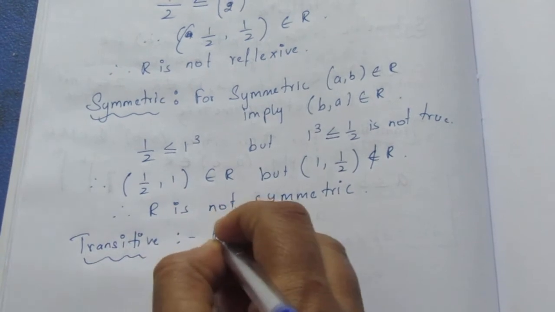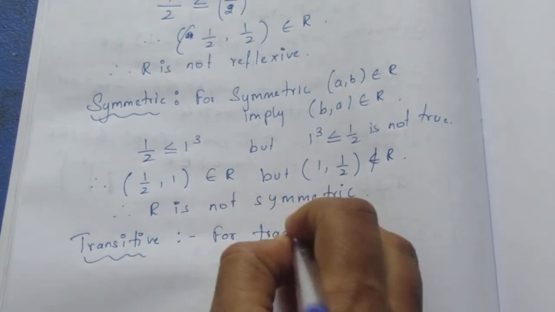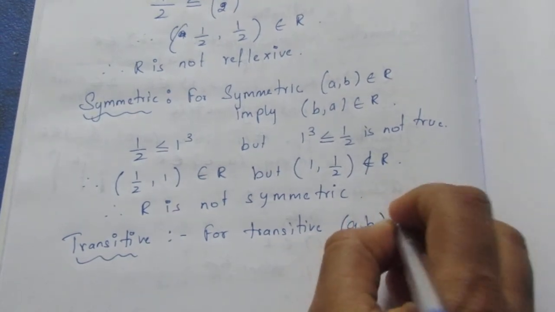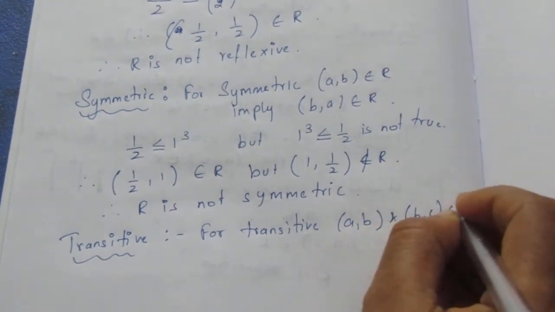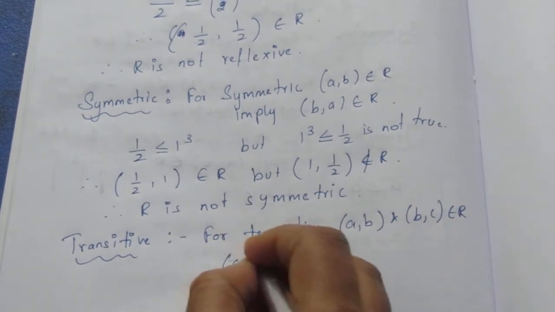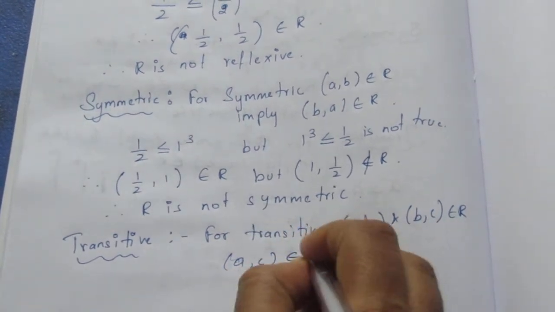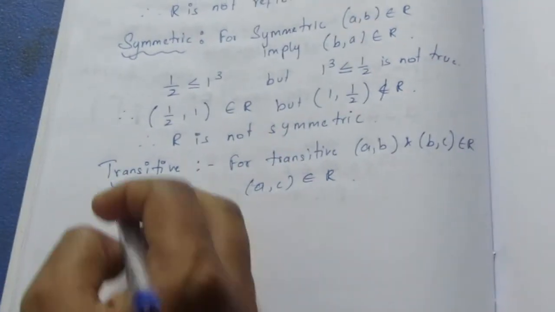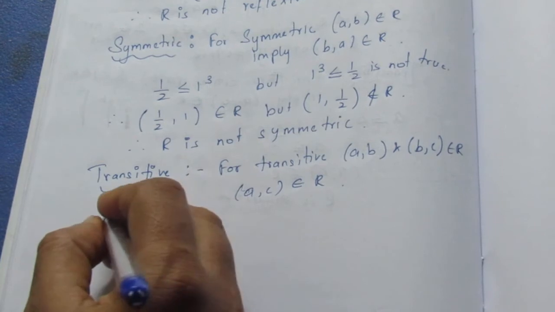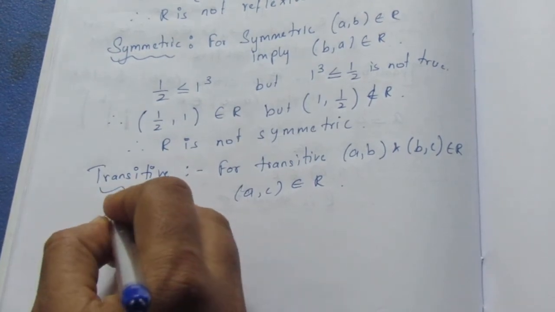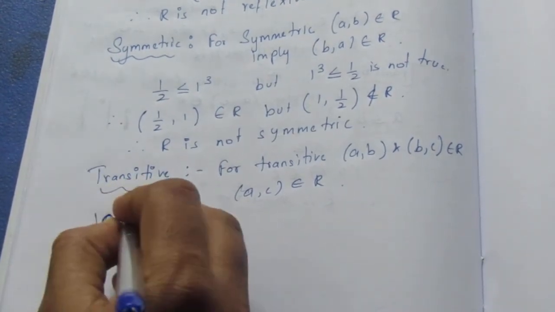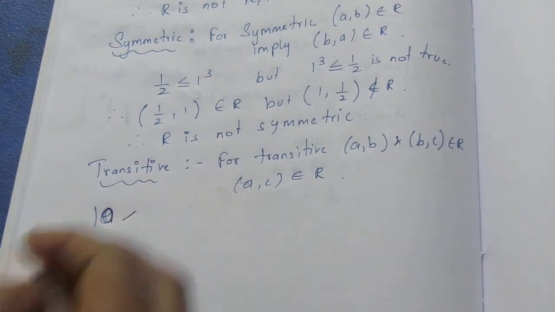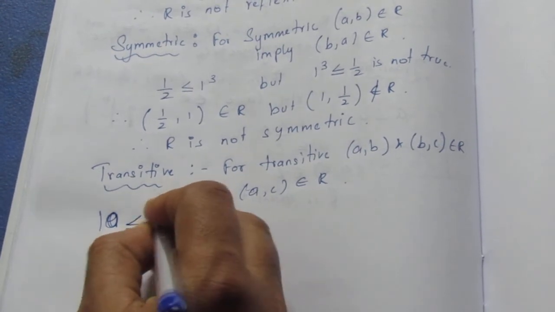For transitive, we need to prove (a, b) and (b, c) belong to R means (a, c) should also belong to R. Now let me take an example, a bigger number, 9 or 10. 10 is less than or equal to 3 cube.